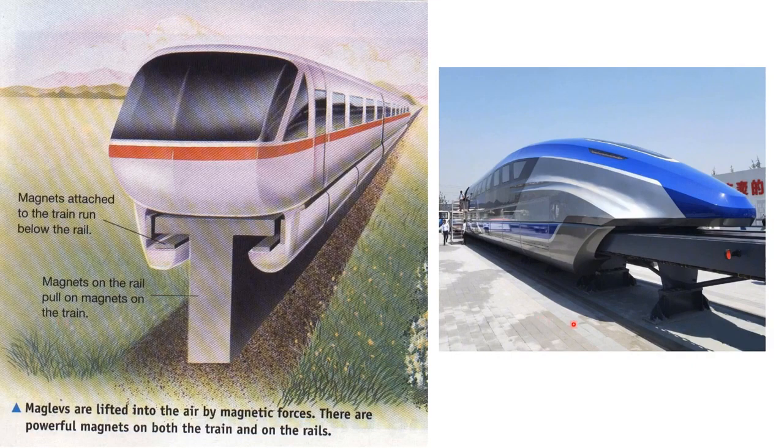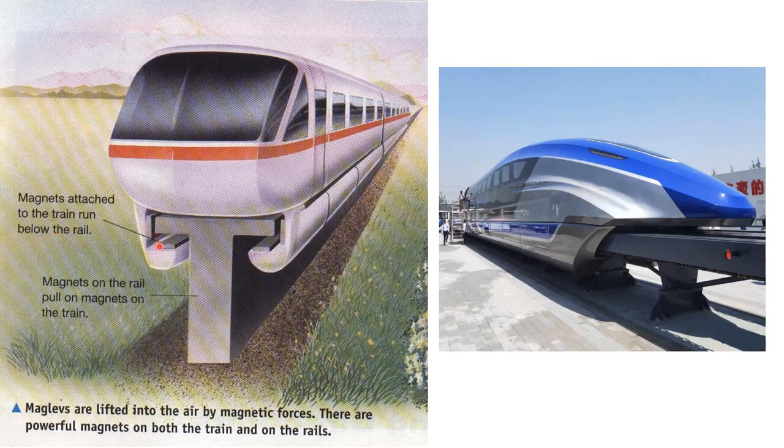Here, a maglev train is shown to you. Let's read out the information given here. If you look properly, this is the magnet on the rail pull on magnets on the train.